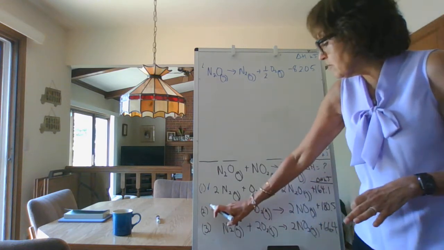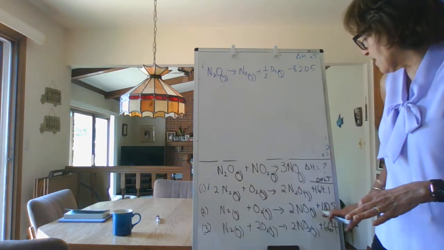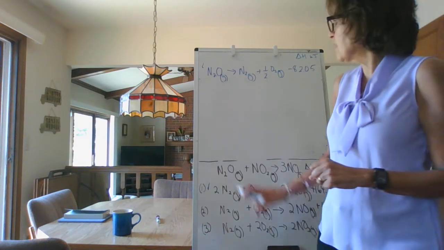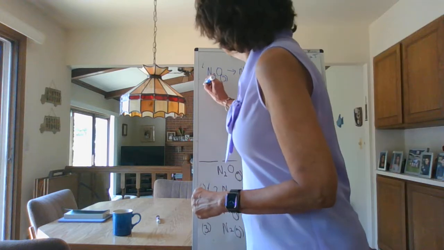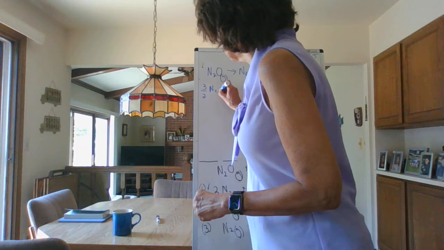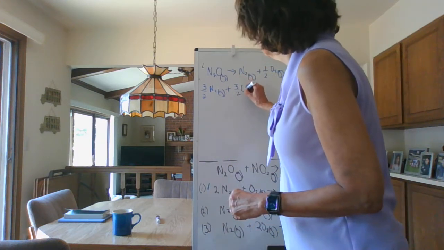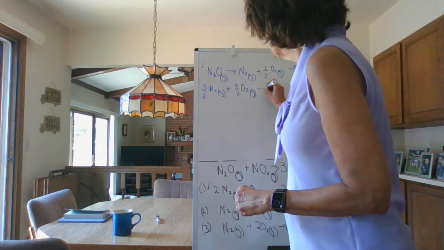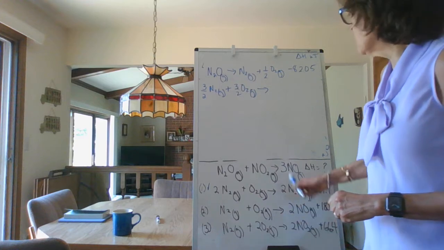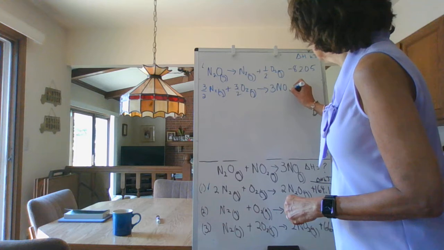So it means that I need to multiply everything by 3 halves. This has to be 3 halves, this has to be 3 halves, and this 180.5 has to be multiplied by 3 halves. So I'm going to go ahead and do that. We're not flipping it, so we're going to say 3 halves N2 gas plus 3 halves O2 gas will give you 3 halves times 2 is 3, which is what we want, 3NO gas.